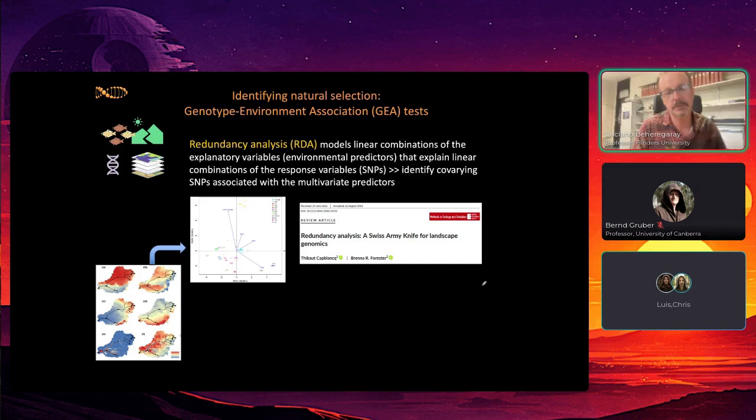So RDA models linear combinations of your environmental predictors, the variables that you think matter. And those models might explain the linear combinations of your response variables, the SNPs in this case. And you can use allelic frequencies, and you can use individuals.